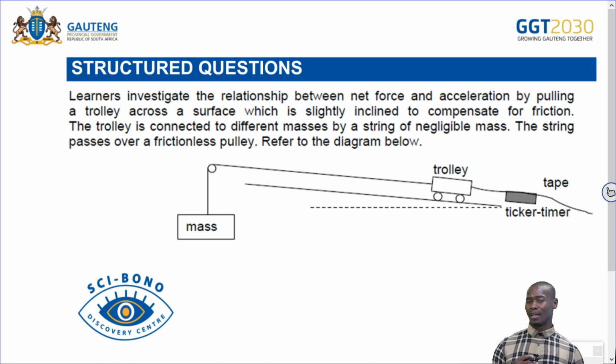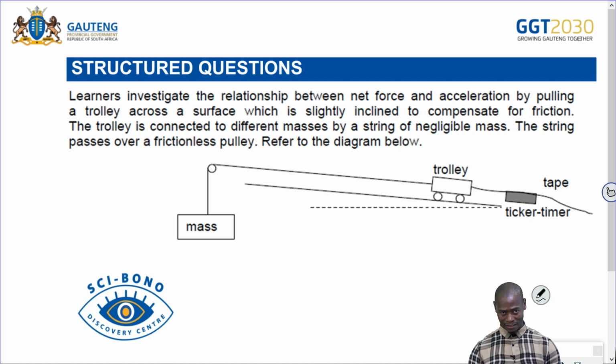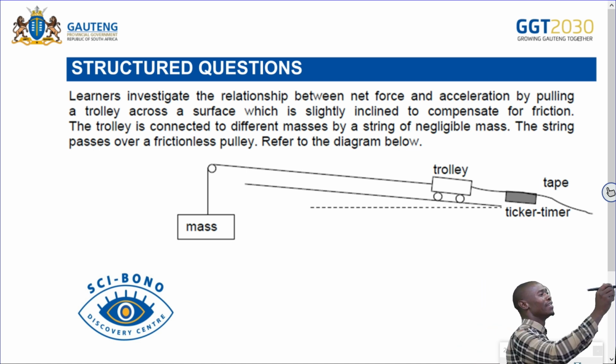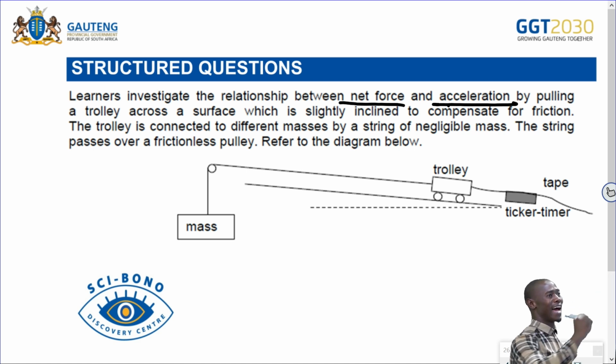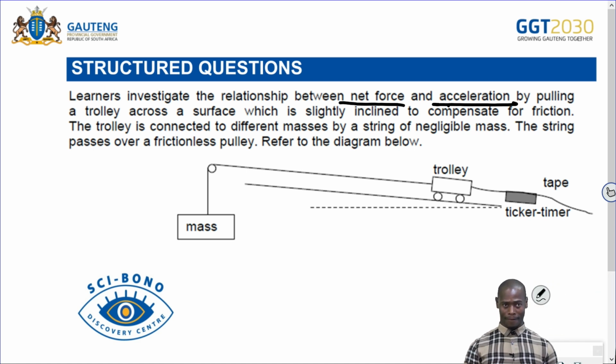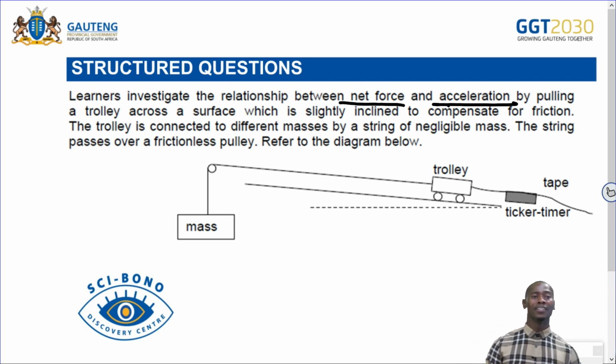Grade 11s, whether it's grade 11 or grade 12, you are supposed to do this experiment, verifying Newton's second law. According to Newton's second law, acceleration should be directly proportional to the net force and inversely proportional to what? To the mass. So what are they doing here? They're investigating the relationship between the net force and the acceleration.